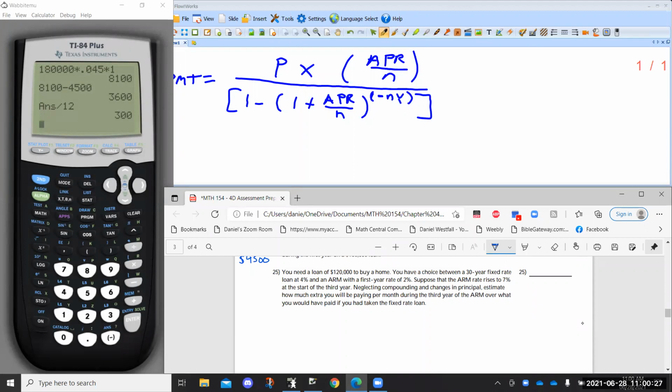So on that third year, we should be paying roughly $120,000 times 4%. This is roughly on our fixed rate.